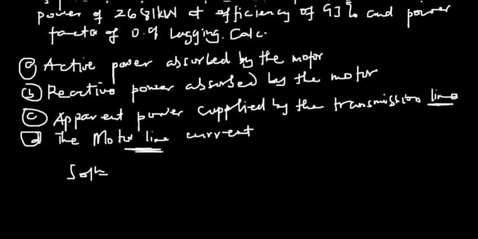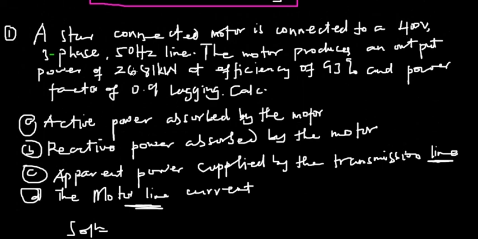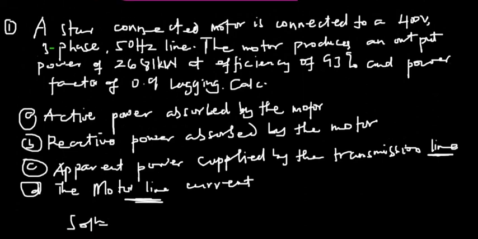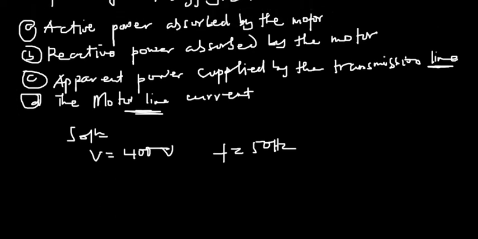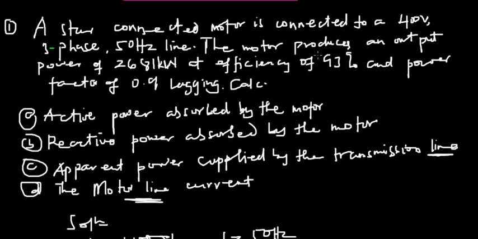Let's look at our solution. We've been given 400 volts and 50 Hz, so voltage V is 400 volts and frequency is 50 Hz. We are also given the power output, since the motor produces an output power.